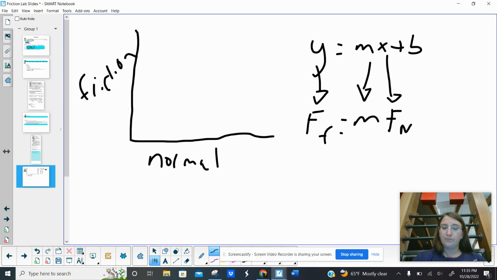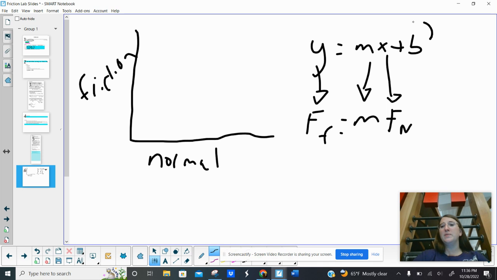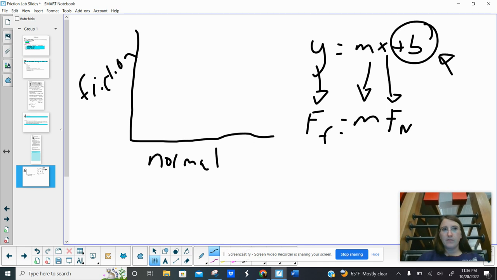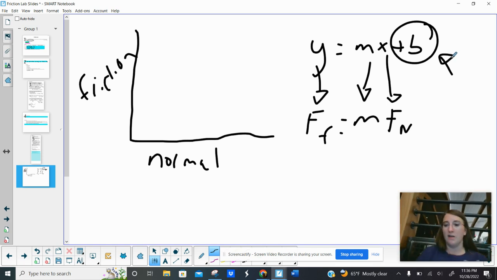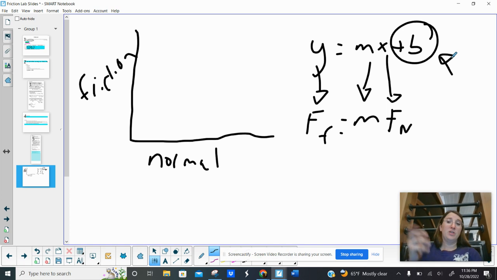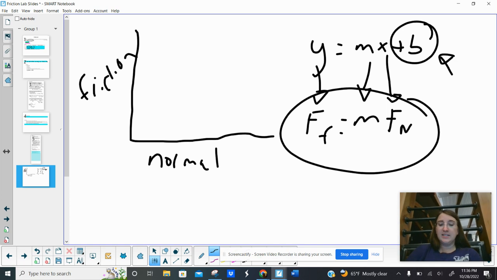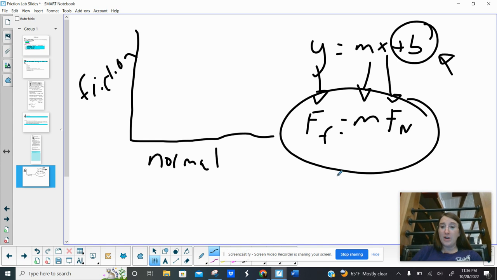Now, the plus b, very often, this will only occur on our graphs because of the error that we get from the graph. So really what we have is this. This should look familiar to you. This is the formula for friction. If you look to your notes, this is the formula for friction.